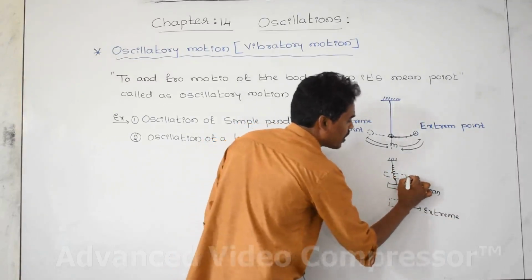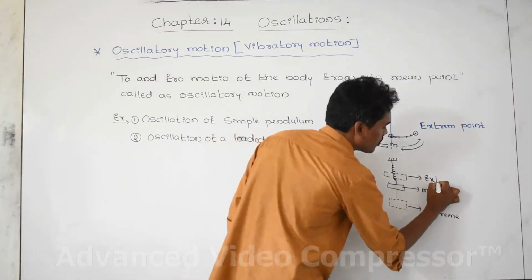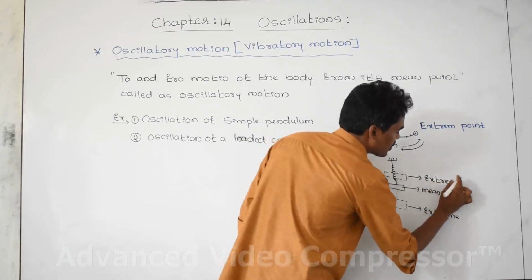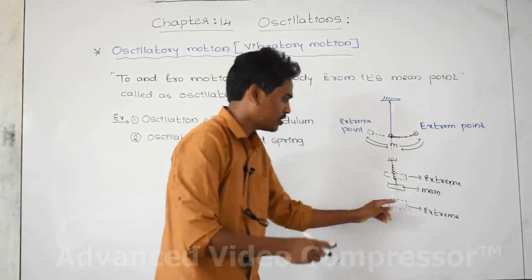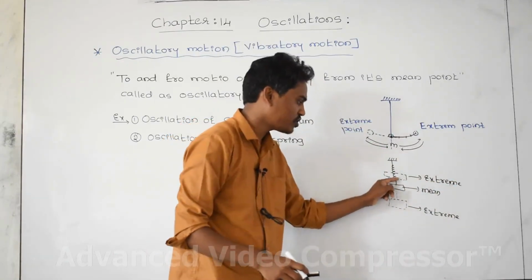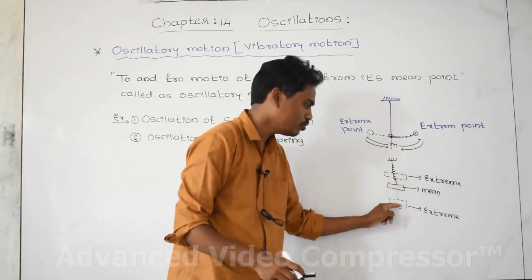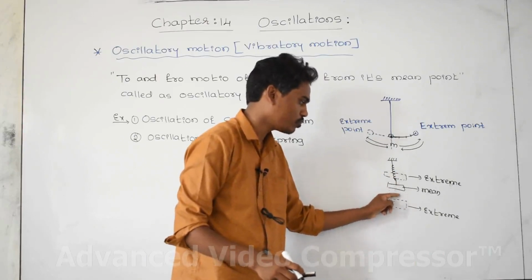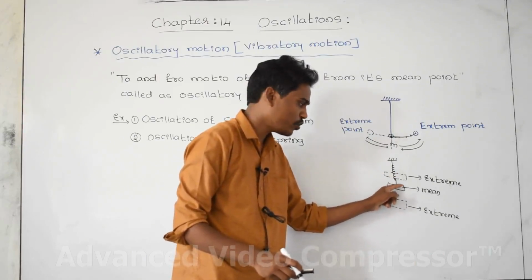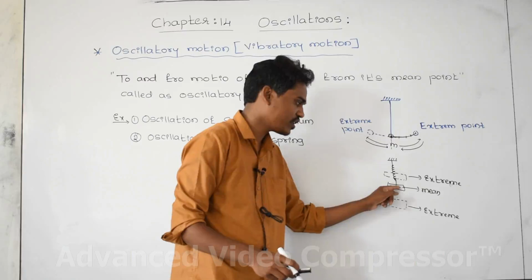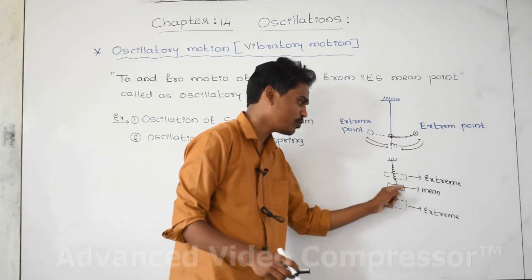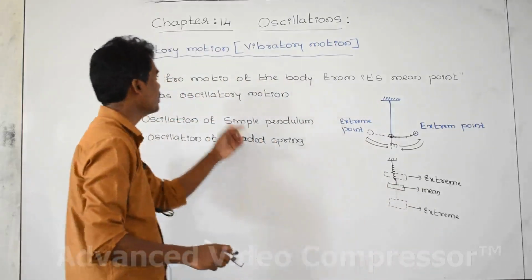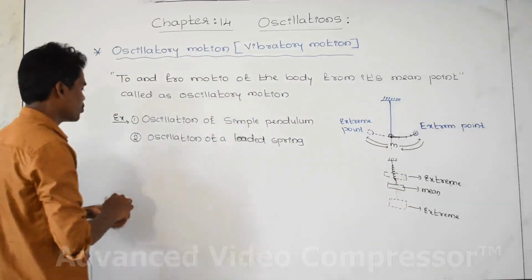This is again an extreme point, and this is the mean point. This is to, fro, to, fro. From the mean point the mass is doing to and fro motion, that's why it is also an example of oscillatory motion.